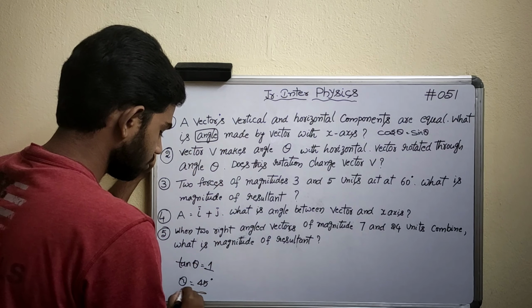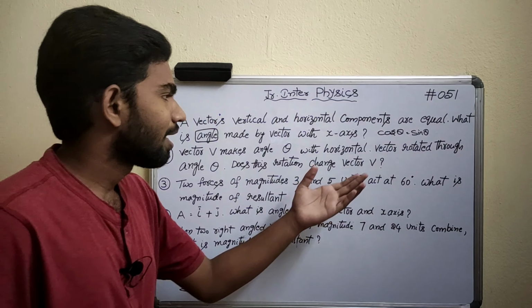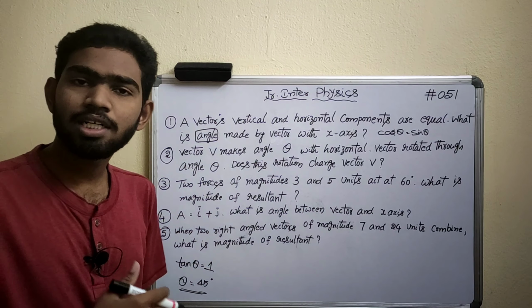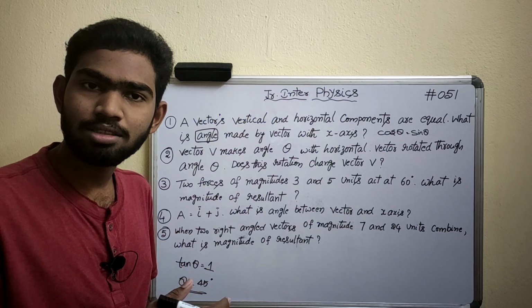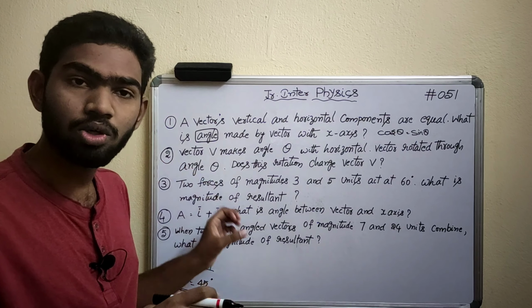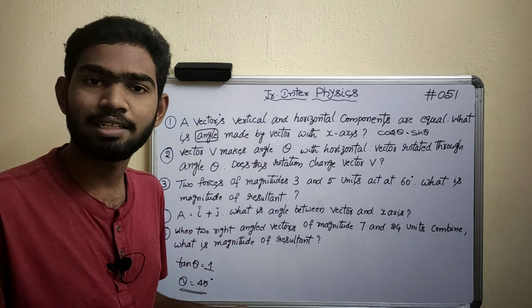And second question, vector V makes angle theta with the horizontal. That means a vector is there, and with the horizontal it makes an angle theta. The vector is rotated through an angle theta. Does this rotation change vector V?